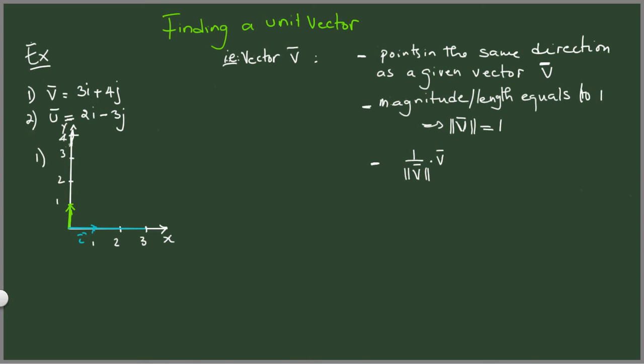This is 3. And as we've seen by adding and subtracting vectors, I'm going to take the other vector, which is 4j, put its tail on the head of the first, and draw it. That is 4.